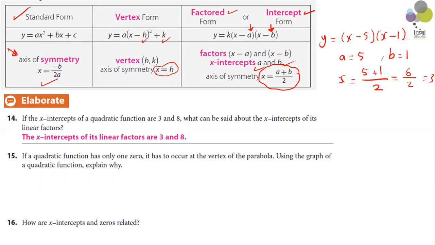Okay, next. If a quadratic function has only one zero, it has to occur at the vertex of the parabola. Using the graph of the quadratic function, explain why.